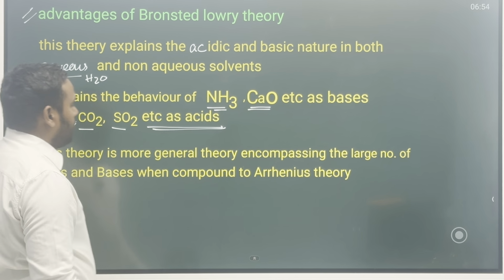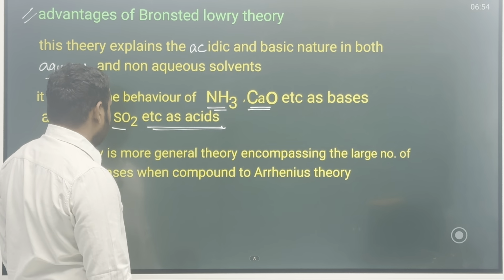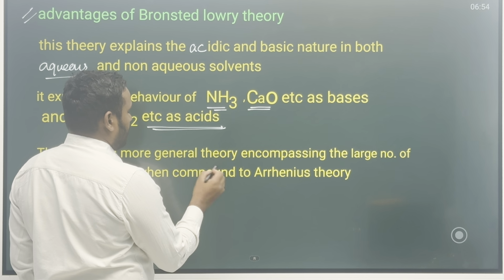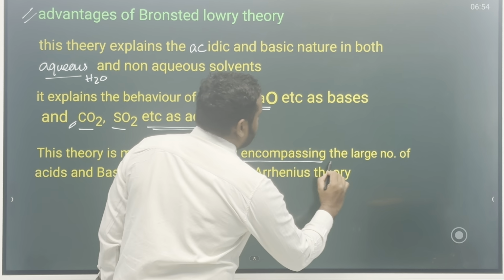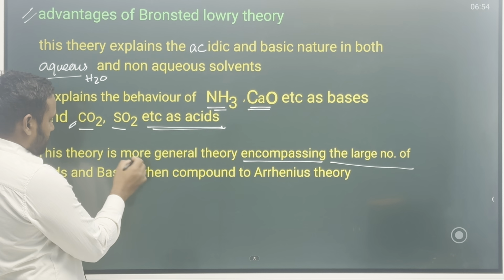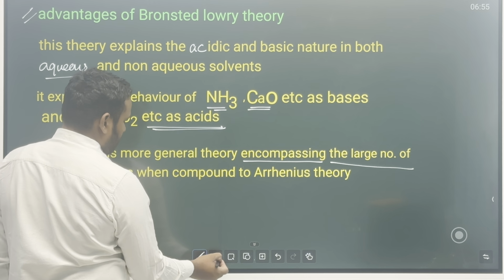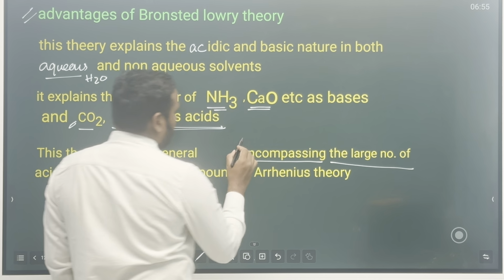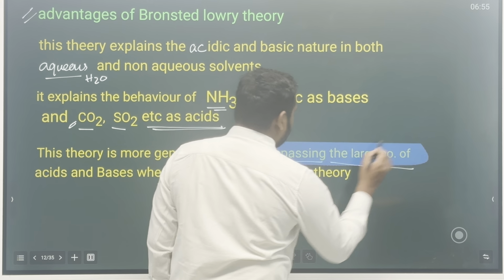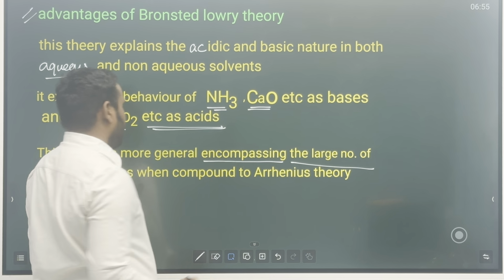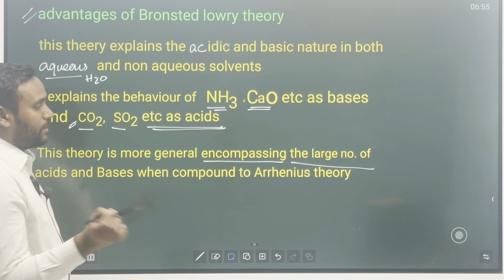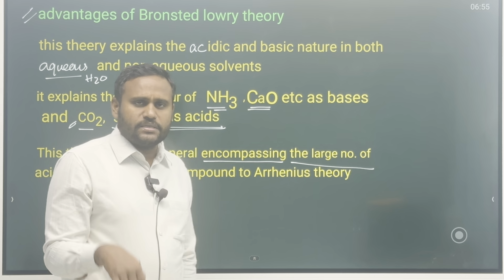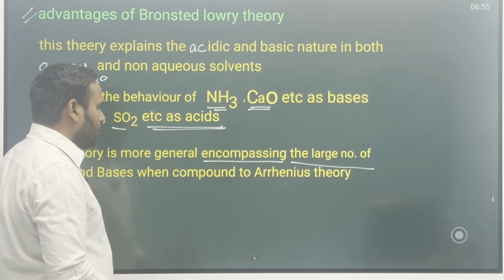Next, this theory is more general, encompassing a large number of acids and bases, which means most acids and bases can be classified under the Bronsted-Lowry theory.